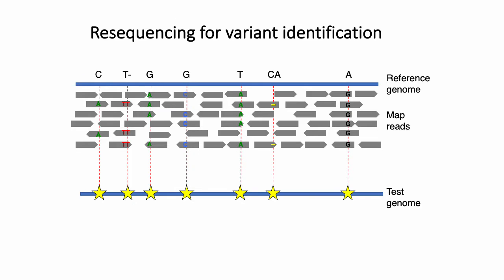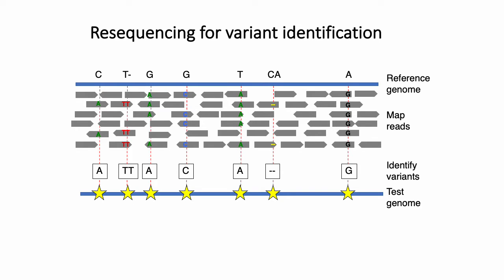There are certain positions in the test genome that are different from the reference genome, and you can tell that because, on the top, I'm now showing you some hypothetical bases in the reference genome that differ from the test individual. In those particular columns, the reference base is different from that of the individual you're sequencing.